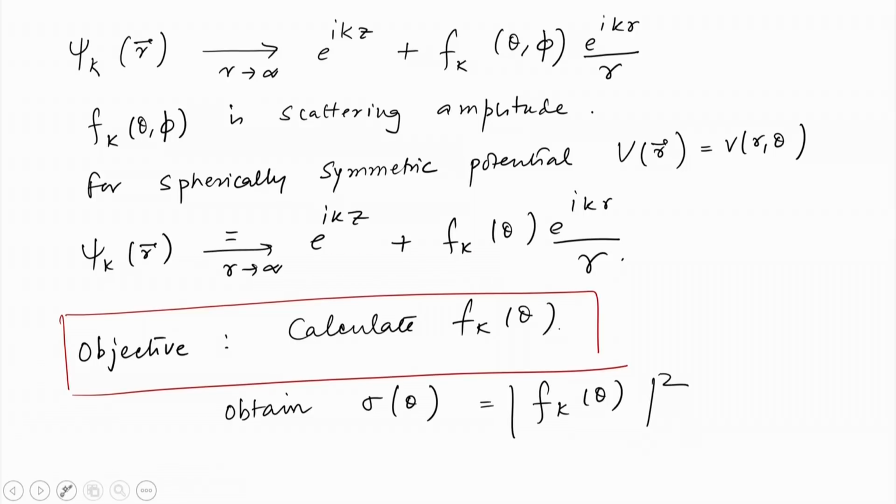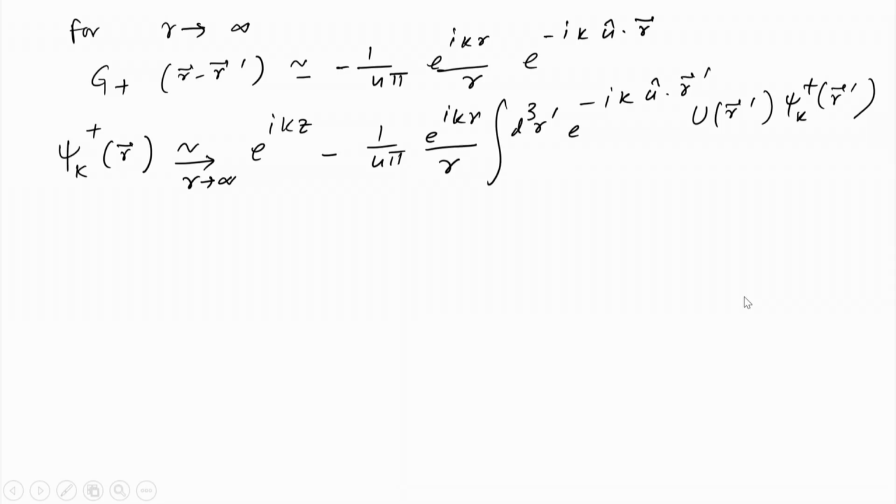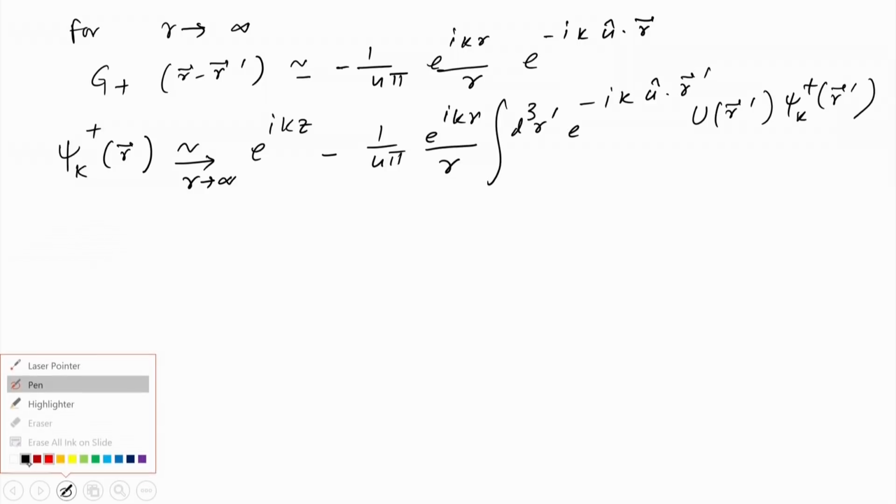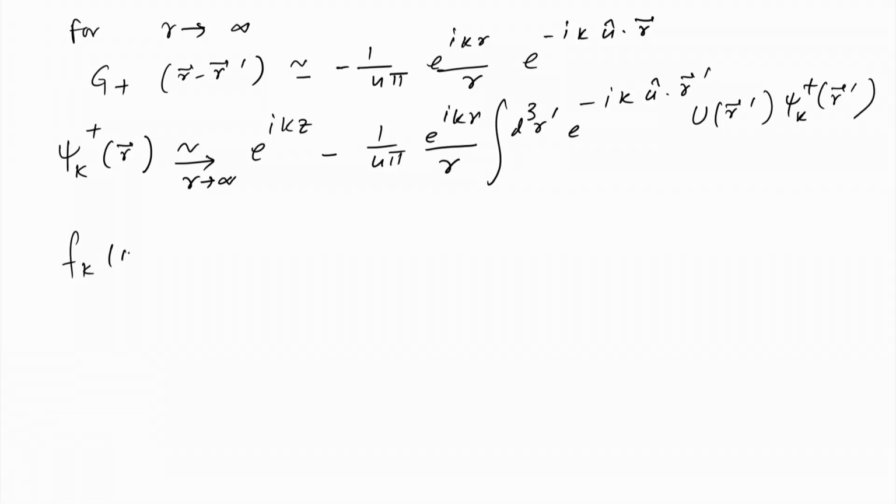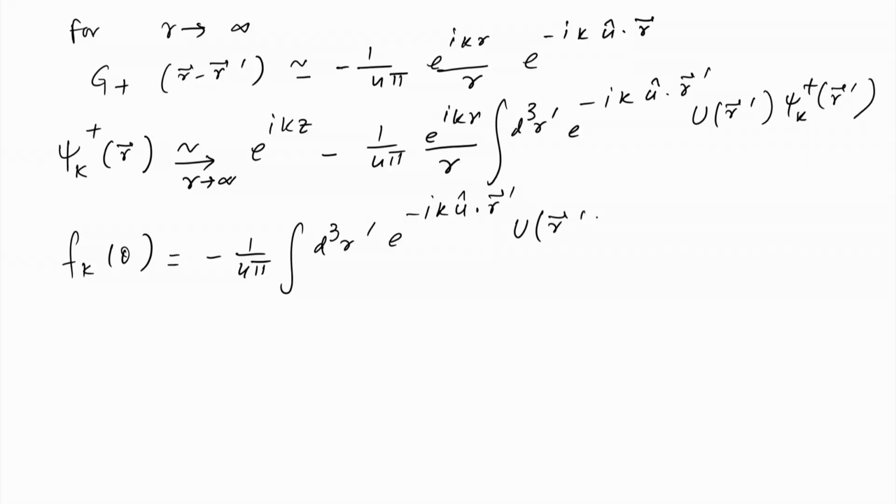If you look at that and compare with the one that we have just obtained, then this f k theta phi simply becomes equal to this entire integral with this minus 1 by 4 pi factor, which is minus 1 by 4 pi and d cube r prime exponential minus i k u dot r prime U of r prime psi k plus r prime, and so on.